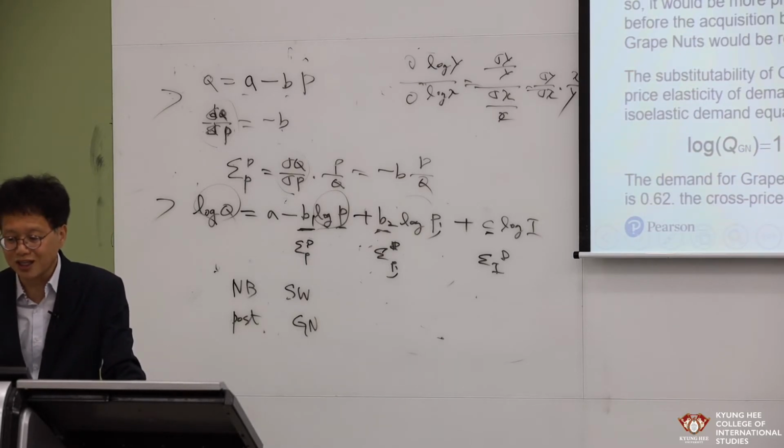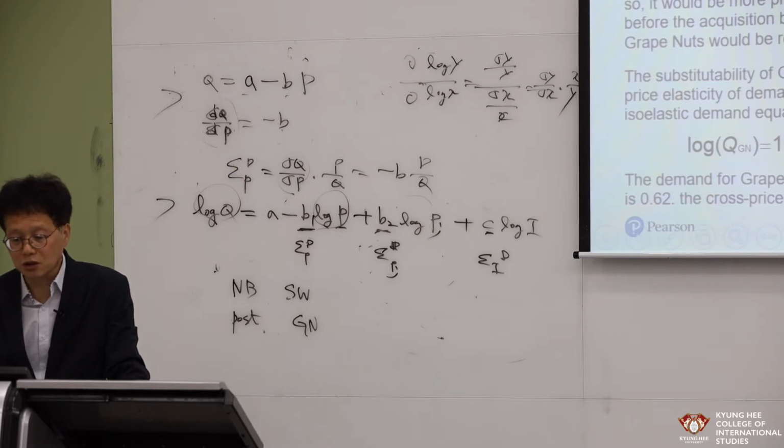The acquisition of shredded wheat cereals of Nabisco by Post cereals raised the question of whether Post would raise the price of Grape-Nuts or the price of Nabisco's shredded wheat spoon size. One important issue was whether the two brands were close substitutes for one another. If so, it would be more profitable for Post to increase the price of Grape-Nuts after rather than before the acquisition, because lost sales from consumers who switched away from Grape-Nuts would be recovered to the extent that they switched to the substituting good.